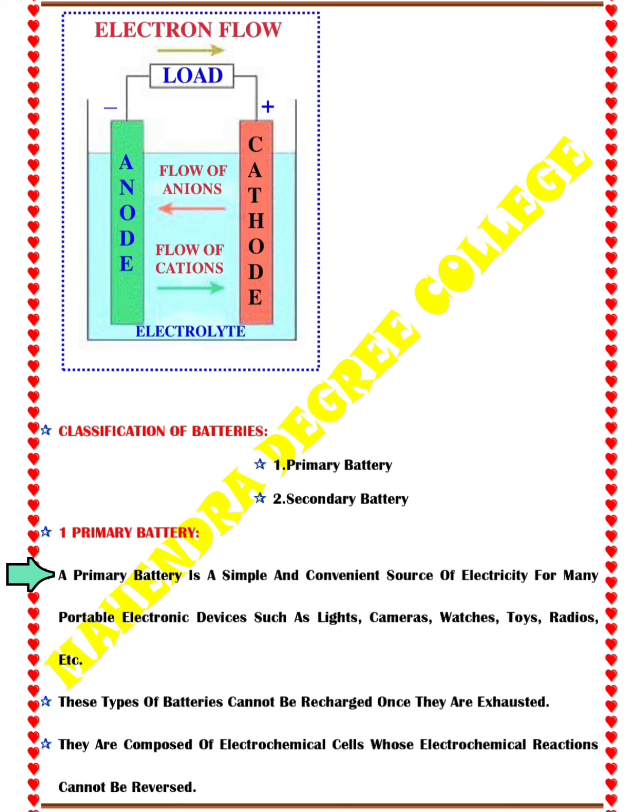A primary battery is a type of battery that cannot be recharged once it is empty. It is a simple and convenient source of electricity. It provides electrical energy easily and is user friendly.